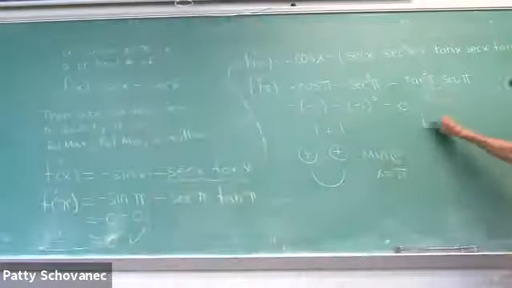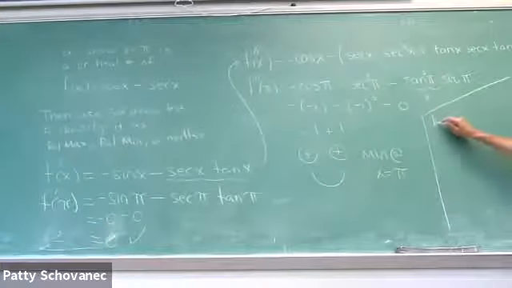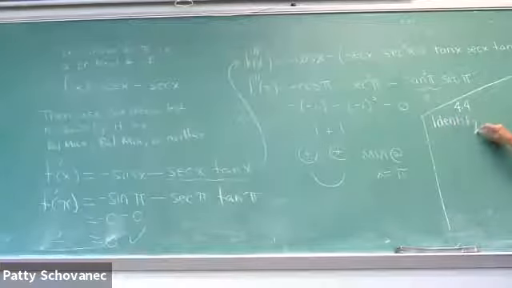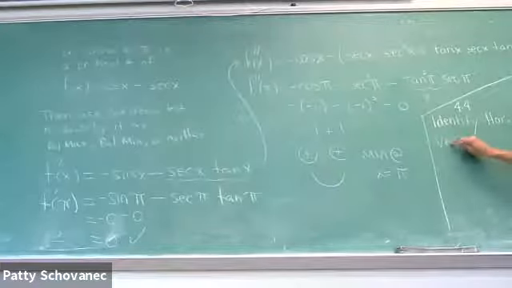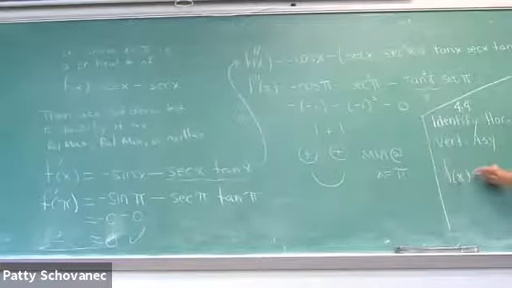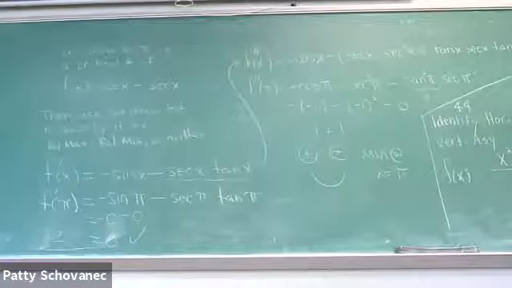So this is 4.4. Identify the horizontal asymptote, vertical asymptotes of f of x is equal to x squared divided by 9 minus x squared.